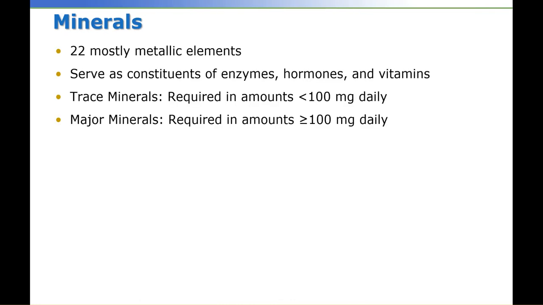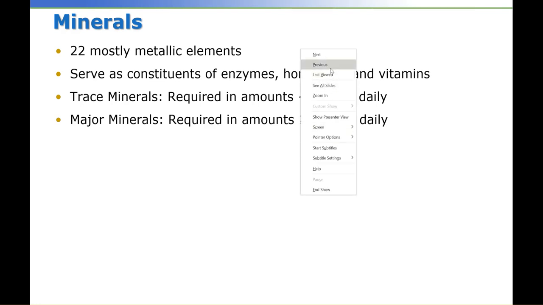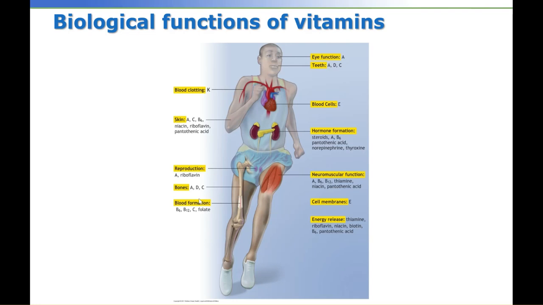Minerals, and by the way, vitamins are on tables on pages 56 and 57 in the book. Go through the list of vitamins and what happens if you have a deficiency and what happens if you have excess. For instance, vitamin D, if you have a deficiency, rickets, which is a bone deformity in children, can occur.